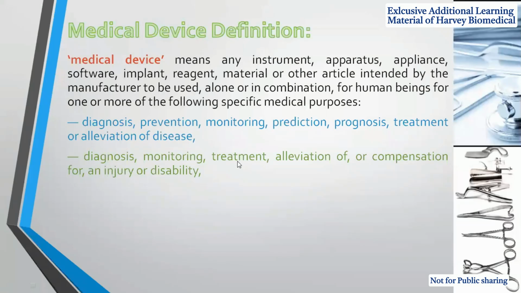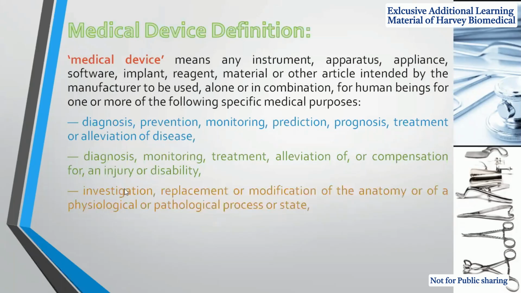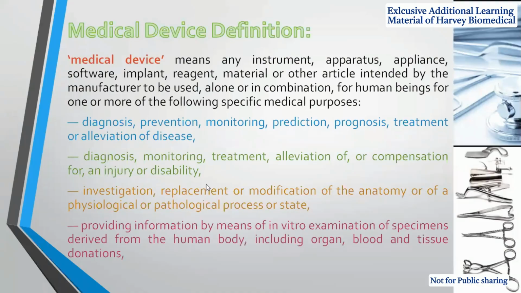Diagnosis, monitoring, treatment, alleviation of, or compensation for, an injury or disability. Here only disease, there any injury or disability. Here any pathological process or physiological process or state. Investigation, replacement or modification of the anatomy or of a physiological or pathological process or state.